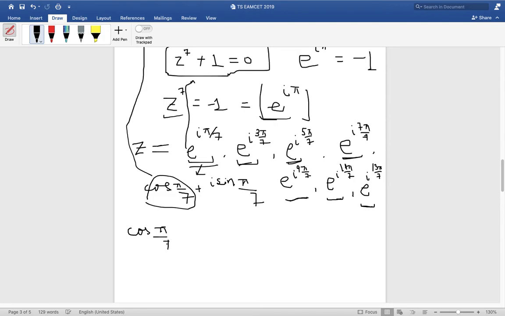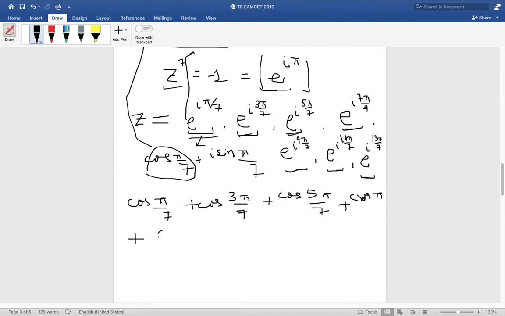Cos pi by 7 plus cos 3 pi by 7 plus cos 5 pi by 7 plus cos 7 pi by 7. 7 pi by 7 will be what? Cos pi, plus cos 9 pi by 7 plus cos 11 pi by 7 plus cos 13 pi by 7 is equal to 0.